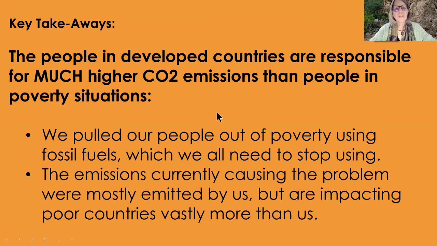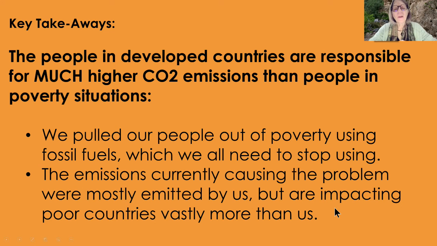So just some key takeaways. The people in developed countries are responsible for much higher CO2 emissions than people in poverty situations. We pulled our people out of poverty using fossil fuels, which now we're asking everybody to stop using. And the emissions that are currently causing the problem were mostly emitted by us. That's what's up there.